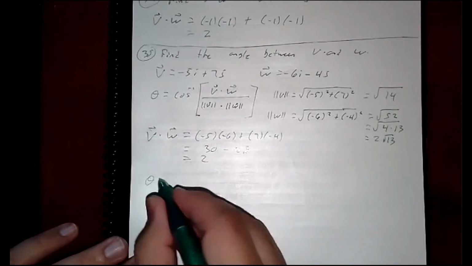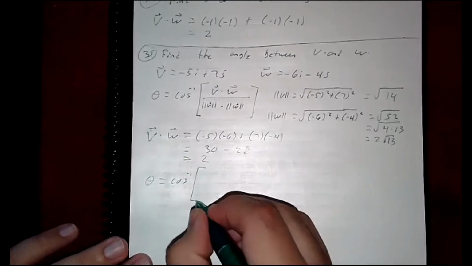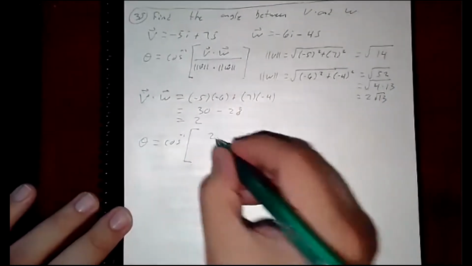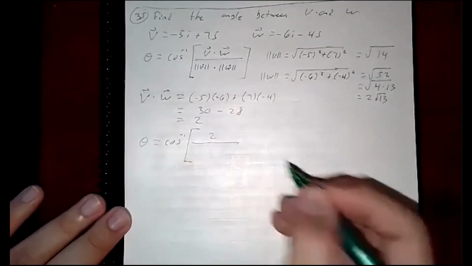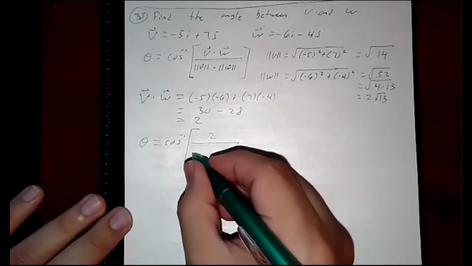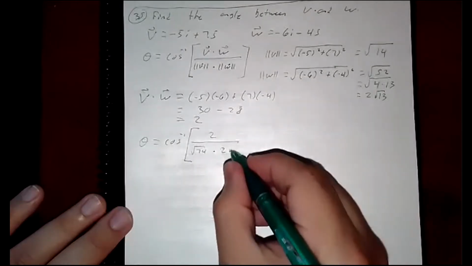So theta would equal cosine inverse. Put it all together now. 2 over root 74 times 2 root 13.